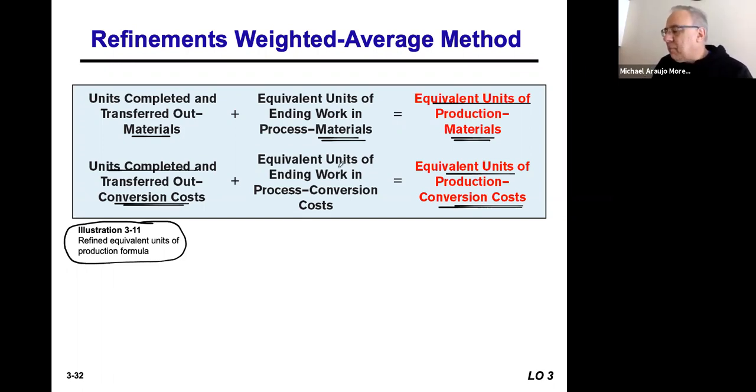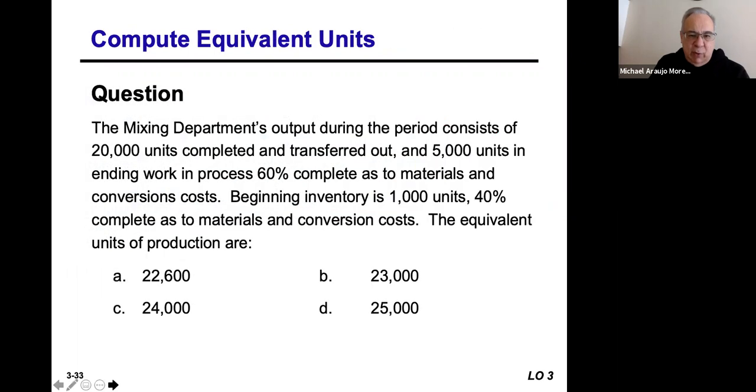So of the 200,000 waffles that are in process, they're only 60% done, and so equivalent to 120,000 waffles. They're not 200,000 full waffles. They're equivalent to 120,000 waffles done, which is how they got the other number of 820,000. So that's going to be very important for you here.